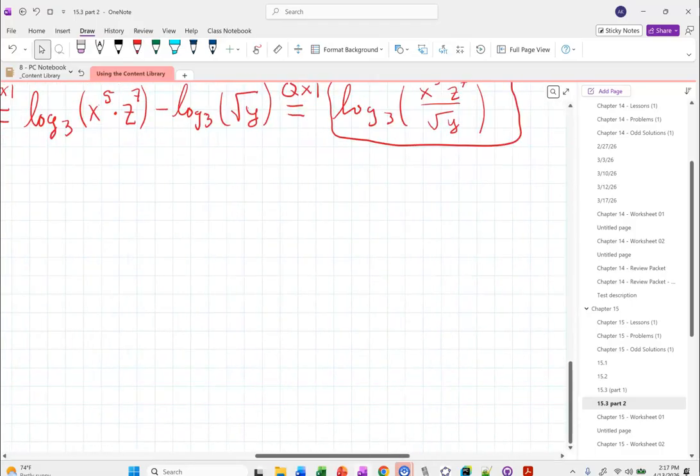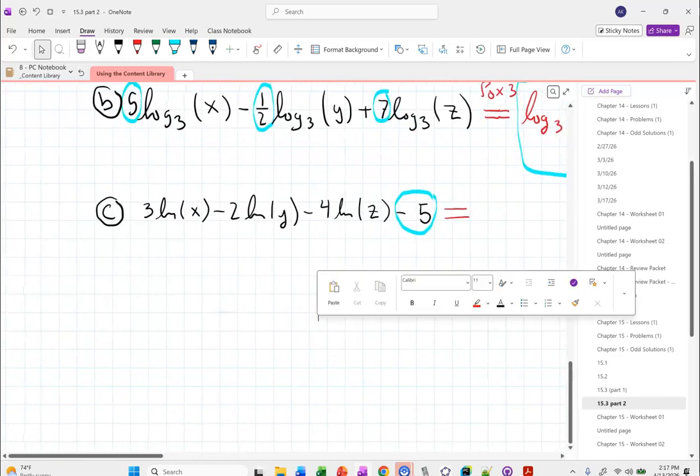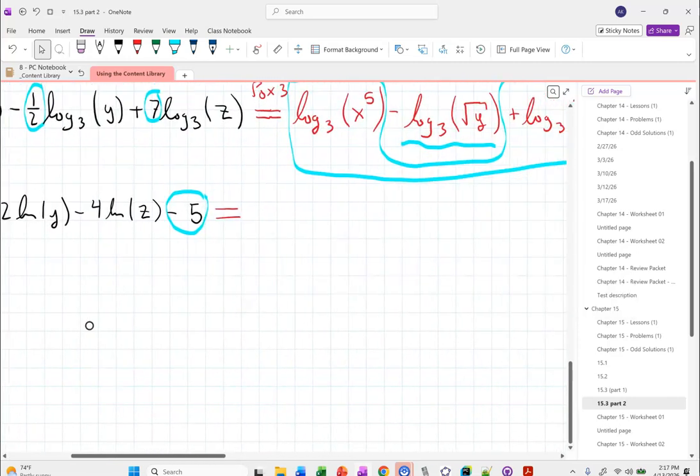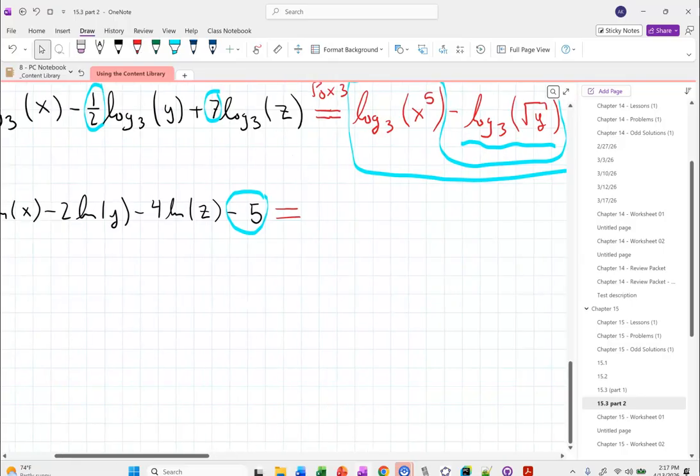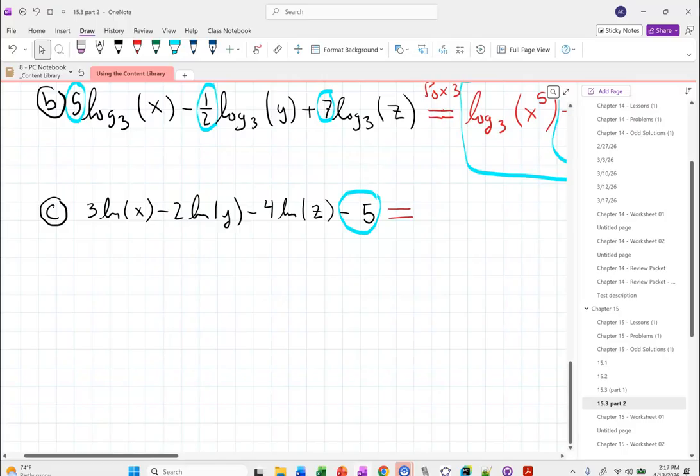So let's go back and look at this one here with the 2, or the 5, excuse me. The logarithm in this problem is ln. What is the base for that logarithm? Not 10.